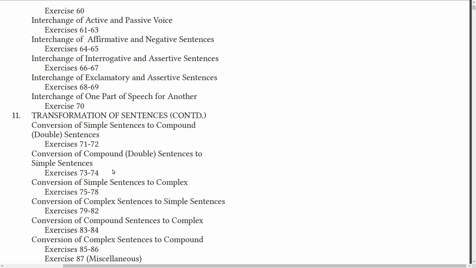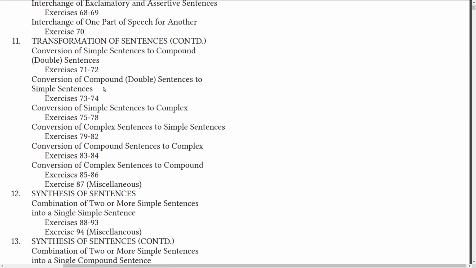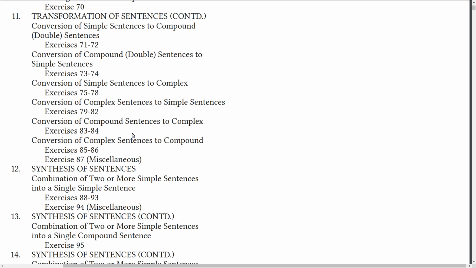And then we have to learn the interchange of parts of speech. So how you can learn different parts of speech, you can interchange them with each other. Then compound sentence, simple sentence to compound sentence. So you can write a letter, you can write a story, you can write an essay.